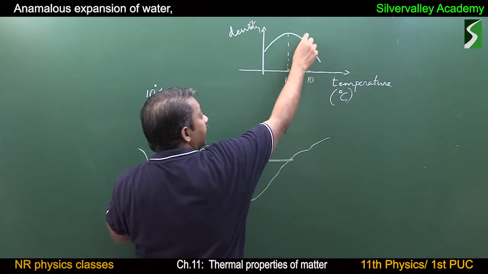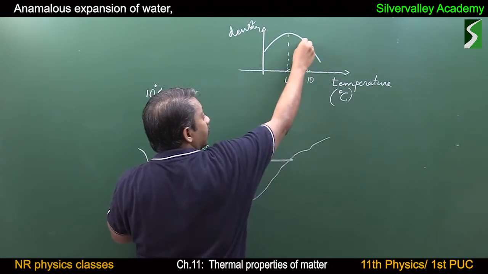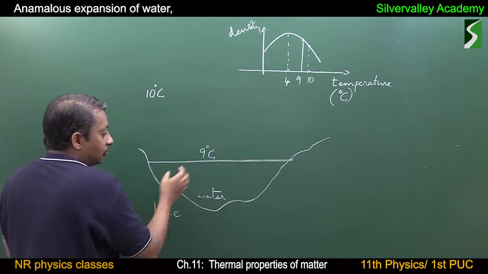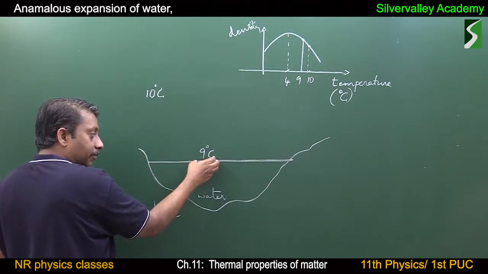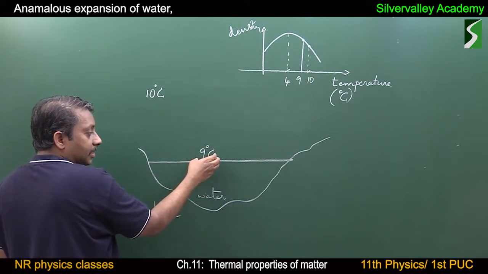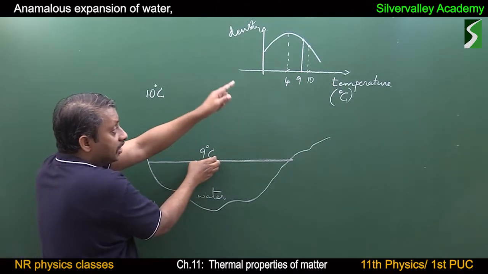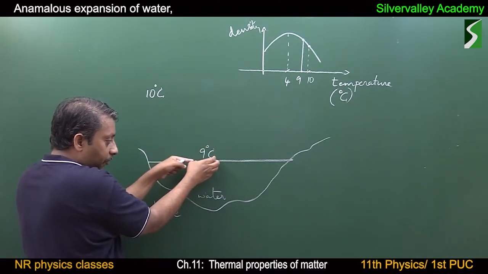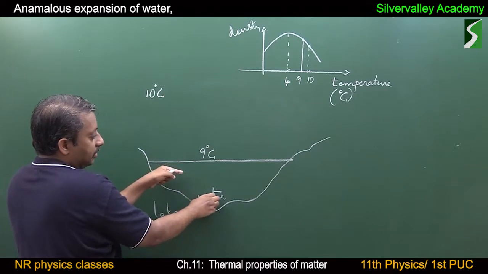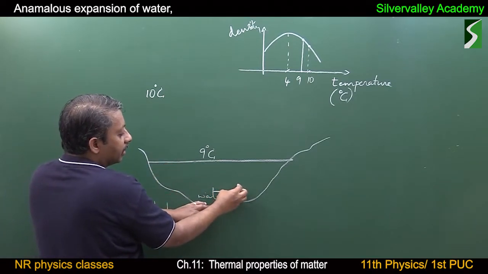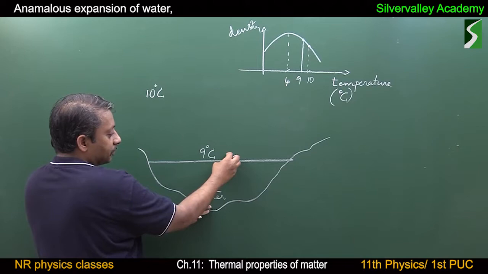Density of water at 9 degrees Celsius is more than density of water at 10 degree. So this part of the liquid water is at 9 degrees Celsius, means its density is more. Higher dense liquid sinks and higher temperature water floats to the surface.